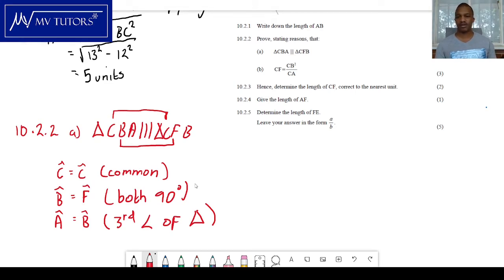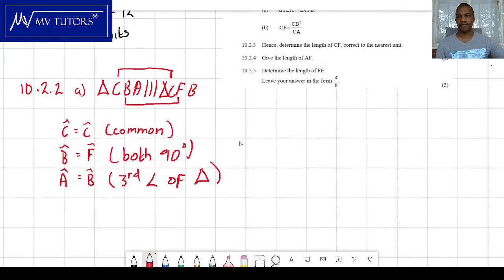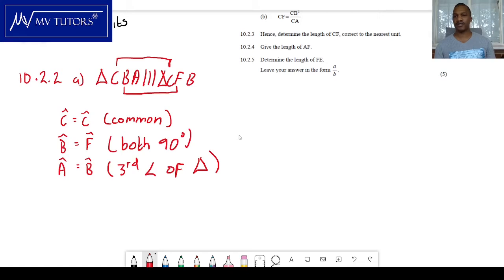That's it. Then to finish it off, we write them exactly as they are. The first one we proved was C, the next one was B, the last one was A in this triangle, and it's similar to the first one C, the second one F, and the last one B. You have to write them in this order.